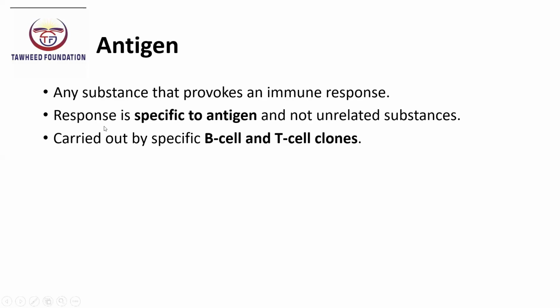So the immune response may sometimes involve only the humoral arm of the immune system, which includes antibodies, B lymphocytes, or only the cellular arm, which includes T lymphocytes. However, in most cases, both arms of the immune system are activated together.